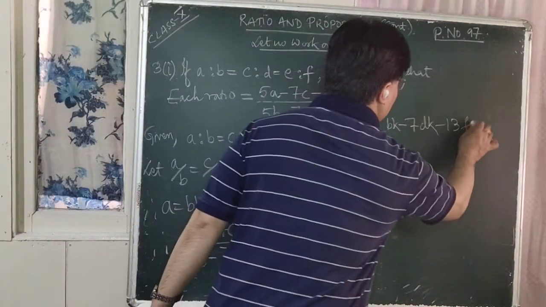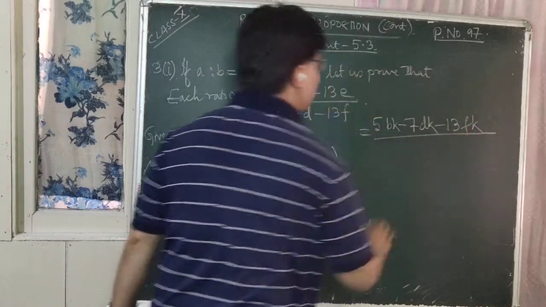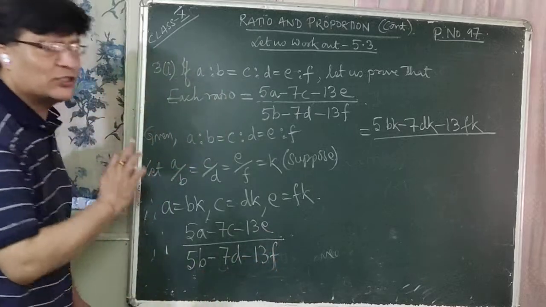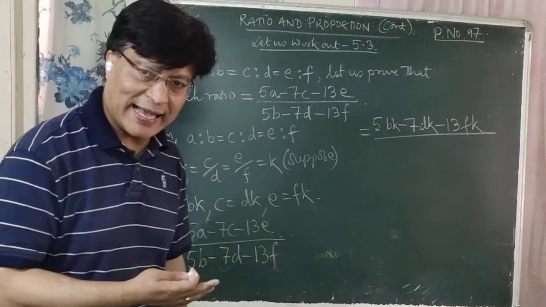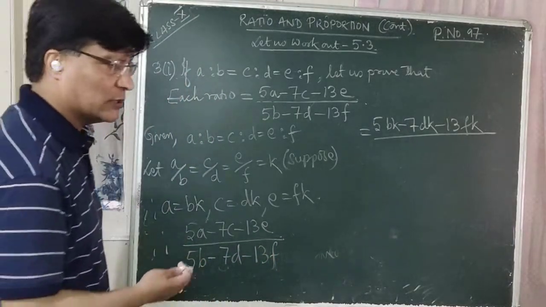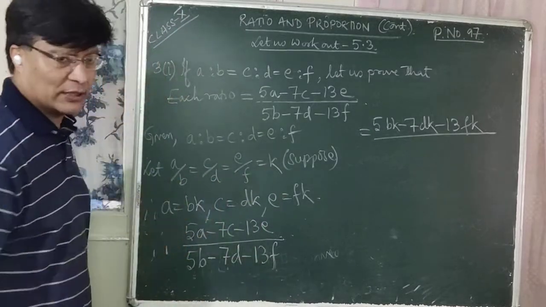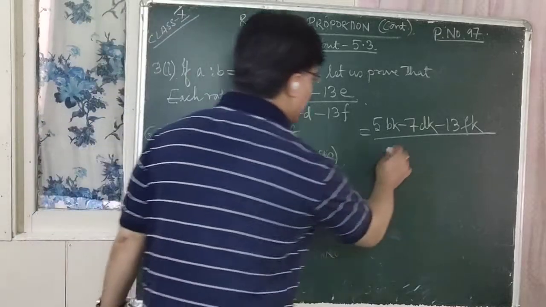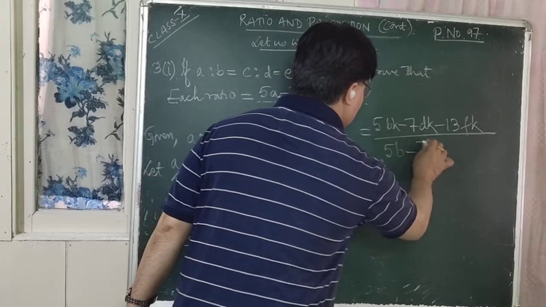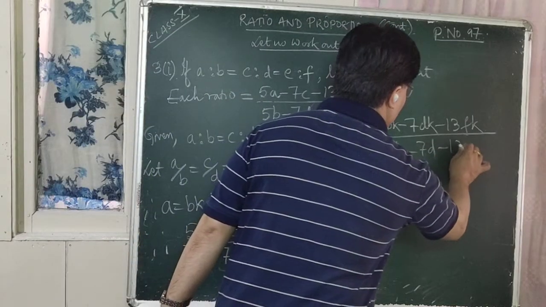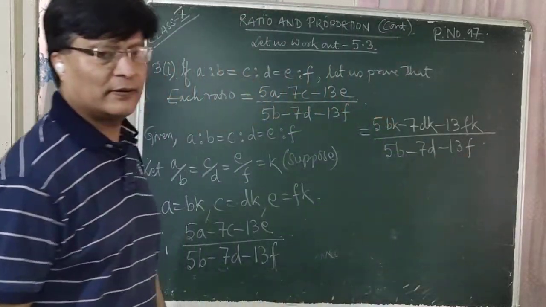Write FK. So whole divided by, keep the denominator the same. It remains as it is, because we don't have the values for B, D and F out here. Okay, so write down 5B minus 7D, right? Then minus 13F, right?